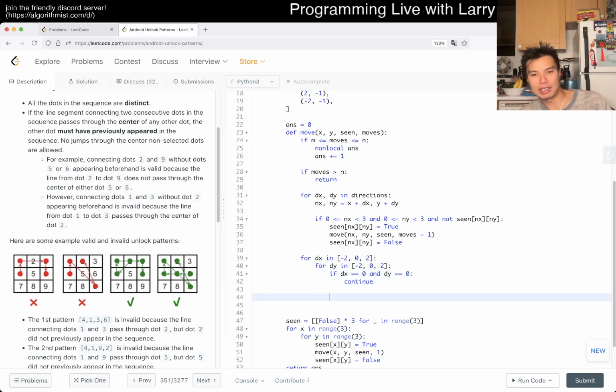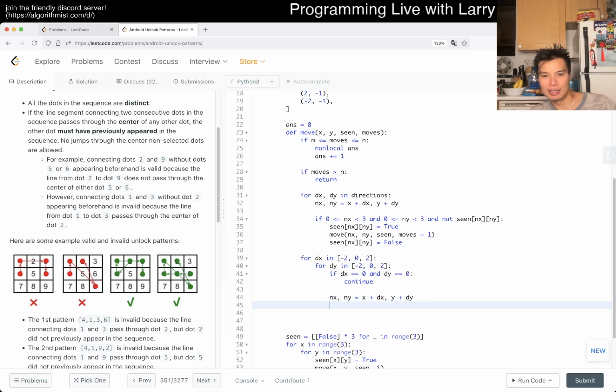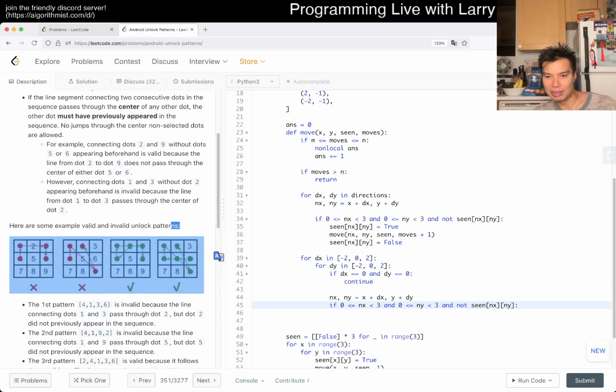Otherwise, one of them has to be a 2, right? And well, first check that it is in bounds. I mean, it's not hard, but I think I just didn't read the problem correctly, and yeah, it's hard to read.